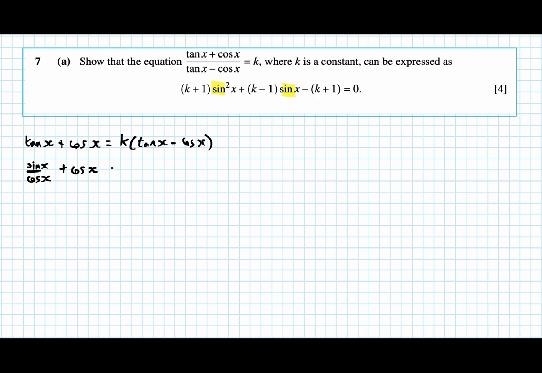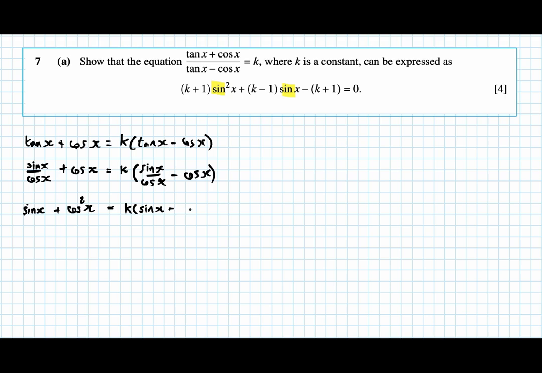Using our trig identity, tan x is equal to sine x over cosine x, and from there we'll just multiply across. Cosine x times cosine x is cosine squared x, so that sine x is on its own there.